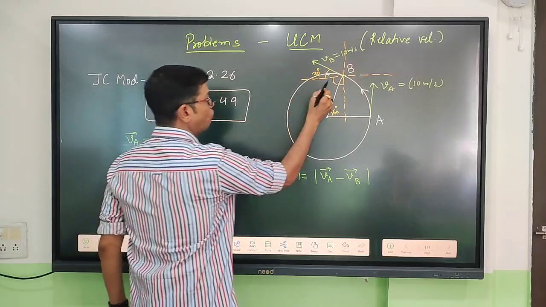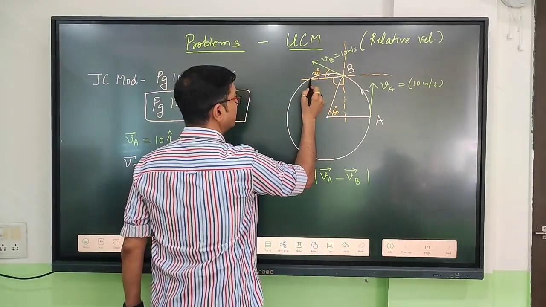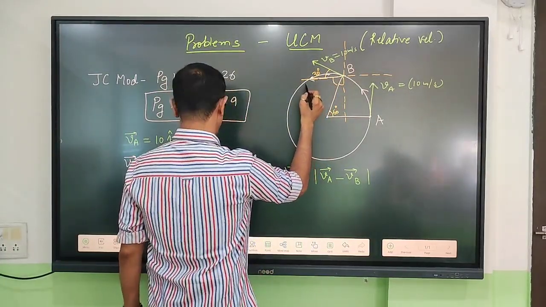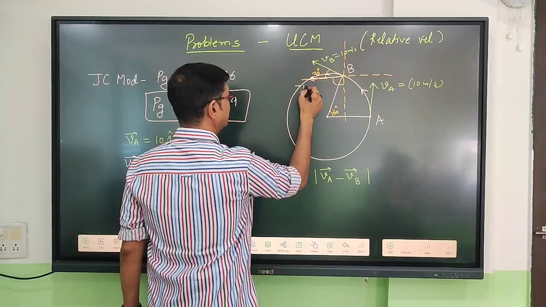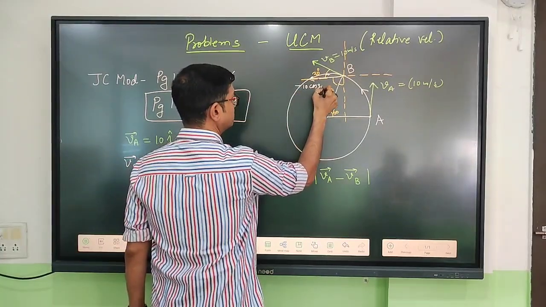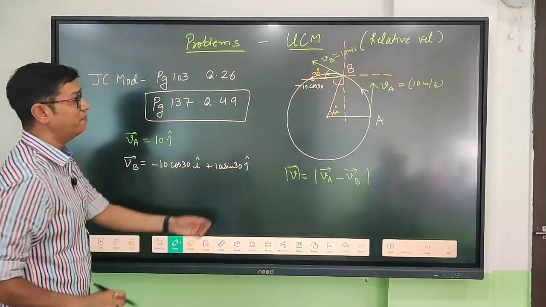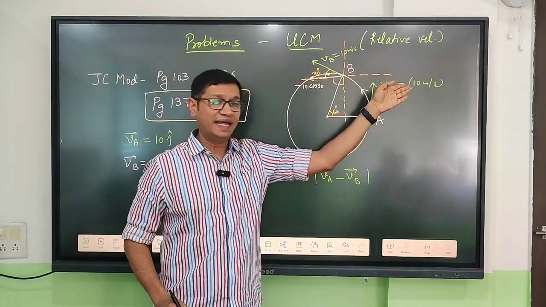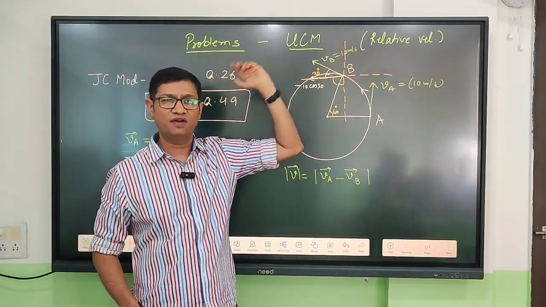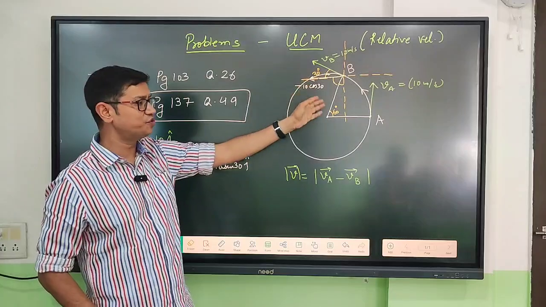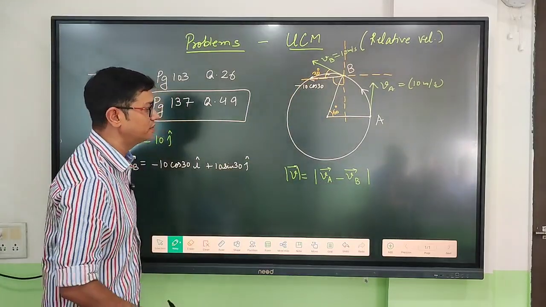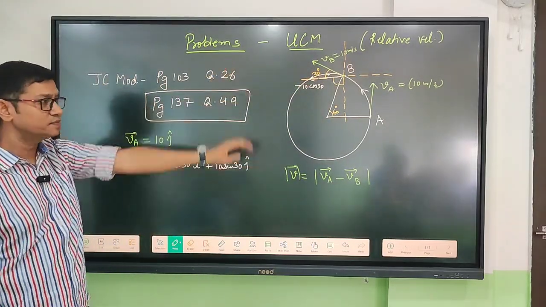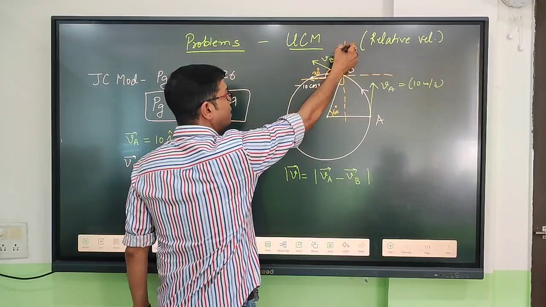Because one of its components would come like this, that is minus 10 cos 30, and that's the reason I have taken minus. Why minus? Because conventionally we take right direction as positive. But it will not make any difference to your answer because we are concerned with the magnitude. But is it clear? And the other vector would be coming like this.